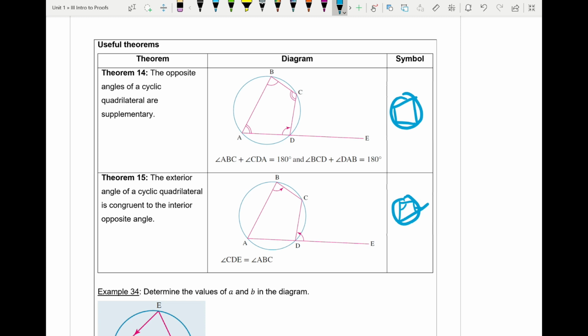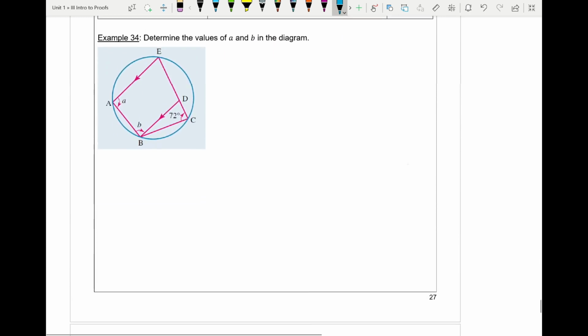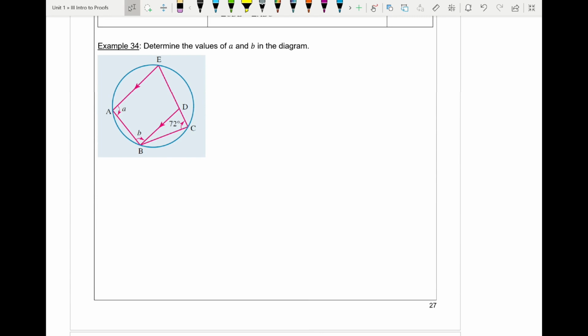So let's put this into practice. Determine the values of A and B in the diagram. So we're looking for the angle EAB and the angle ABD. First of all, we need to notice that our quadrilateral ABCE is a cyclic quadrilateral. So what does that mean?